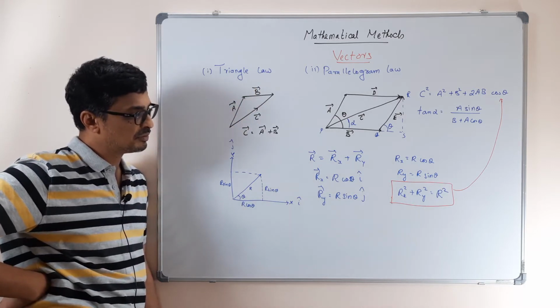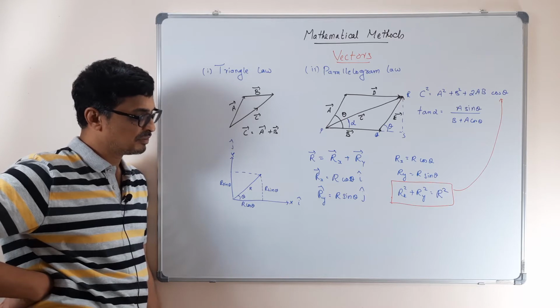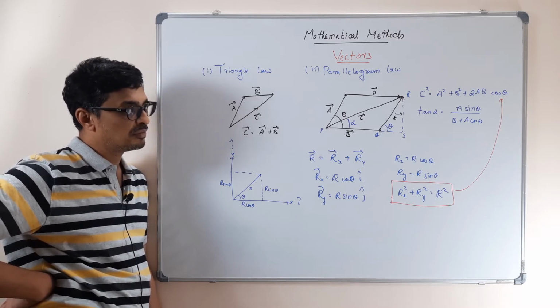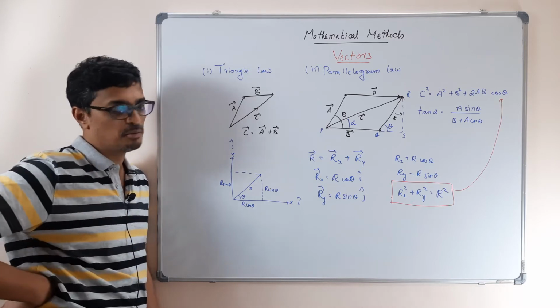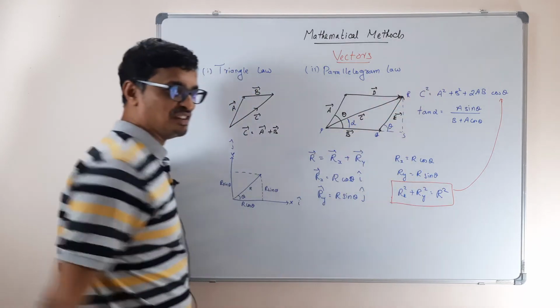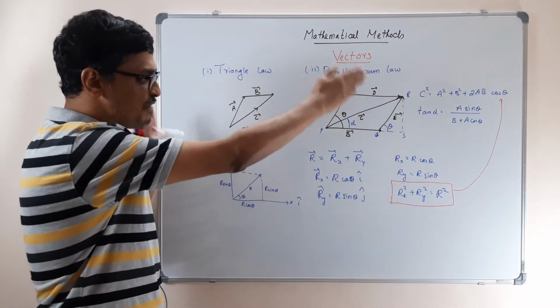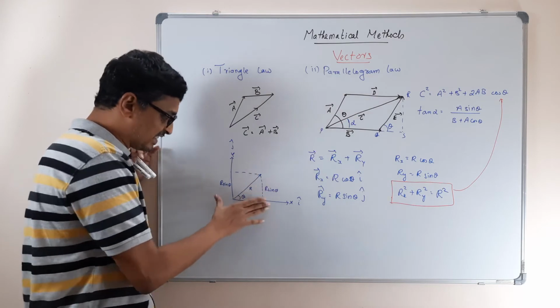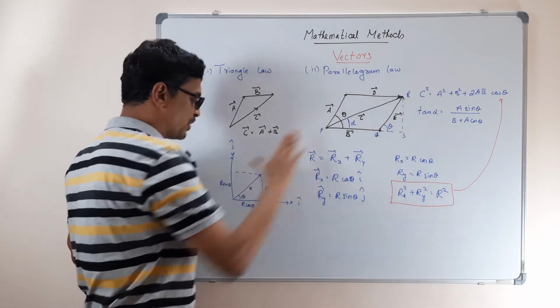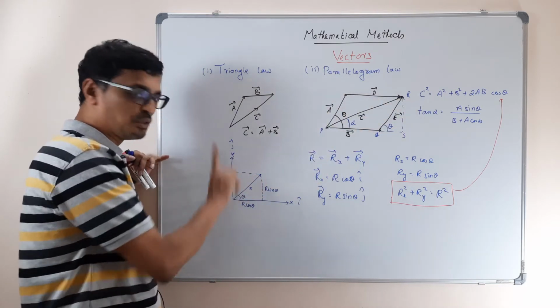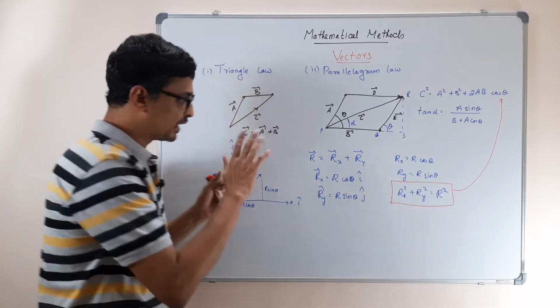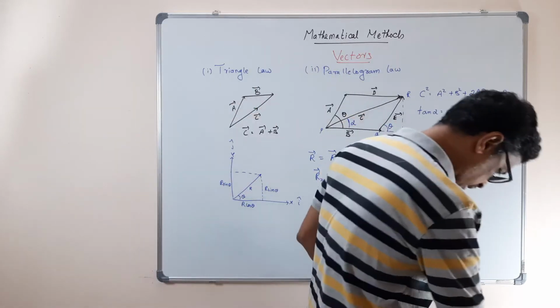In this parallelogram the theta is 90 degrees, so cos theta will be 0. That's it. So it's the same formula. That's why we are using the same formula to resolve a vector into two different components. So that's what we have to see in this.